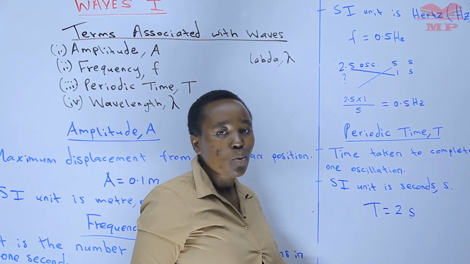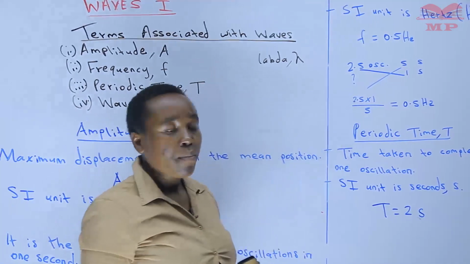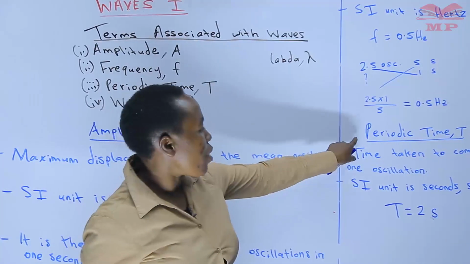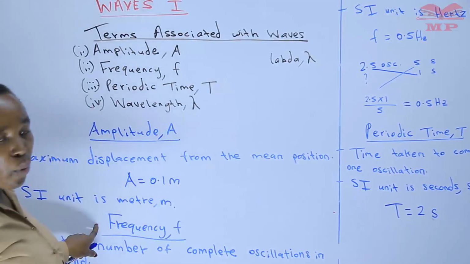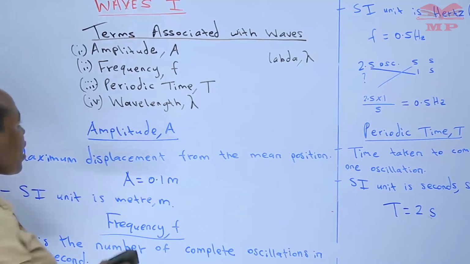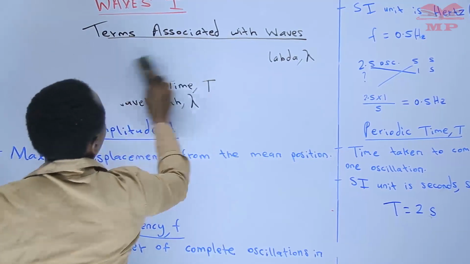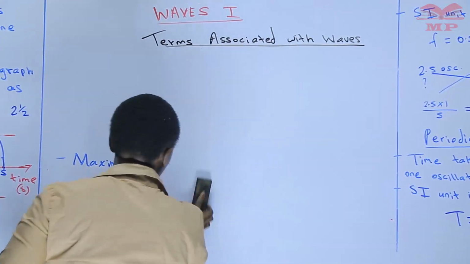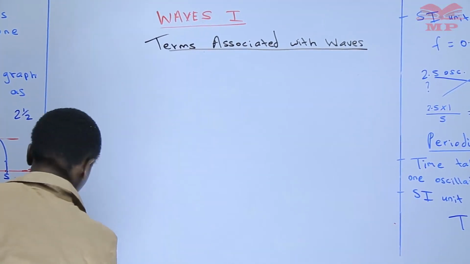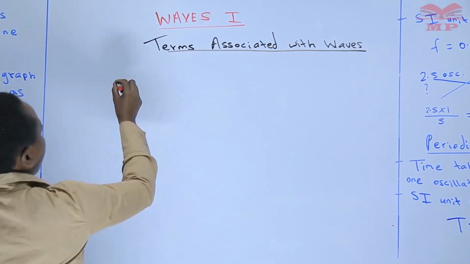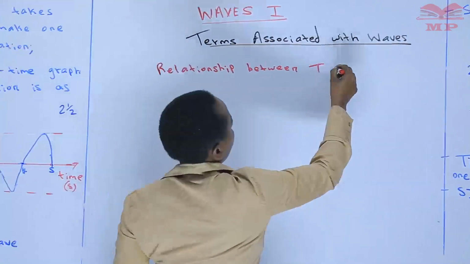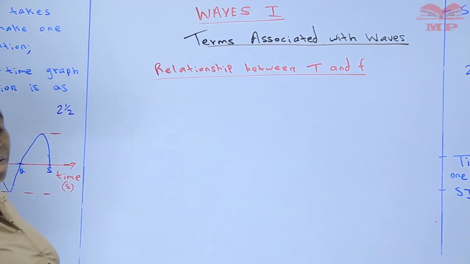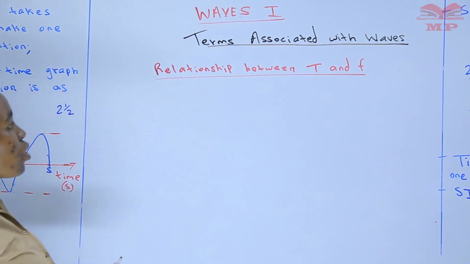And now I want us to see the relationship between periodic time T and the frequency F, before we look at wavelength.